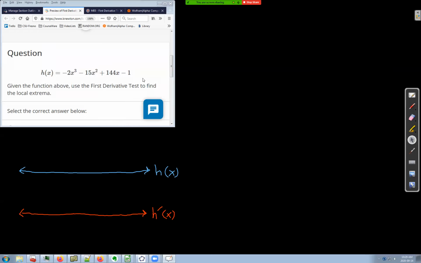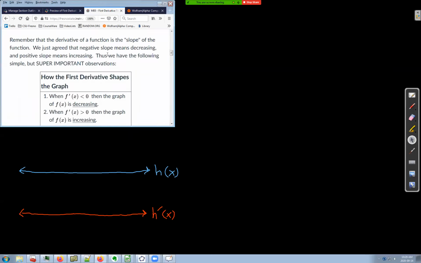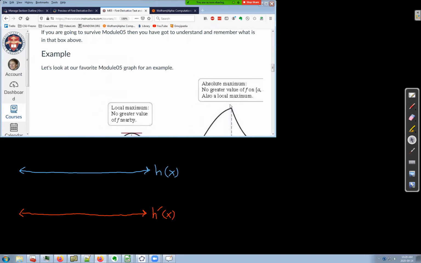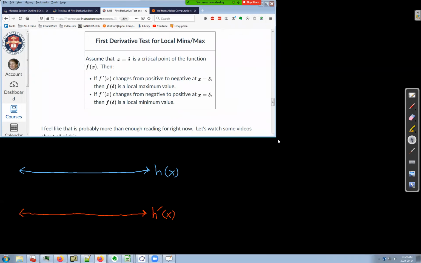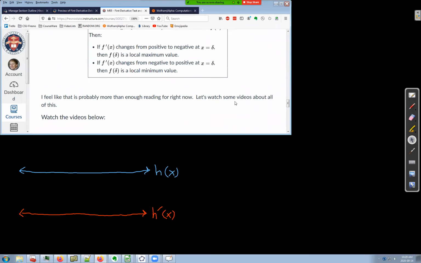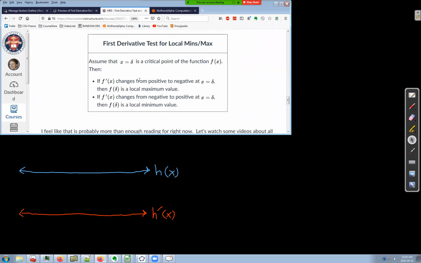The idea here is we want to remember this fact. Let's think about what the first derivative test says. It says that if the derivative changes from positive to negative, then that means that you have a local maximum.